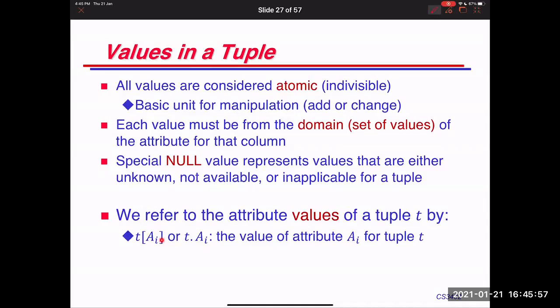We either use this so-called array notation: when I have a tuple T, and in these brackets I write Ai, then this will give me the value of the attribute Ai for tuple T. Sometimes you also see this dot notation, T.Ai, which again refers to the same thing. It will give me the value of attribute Ai for tuple T.